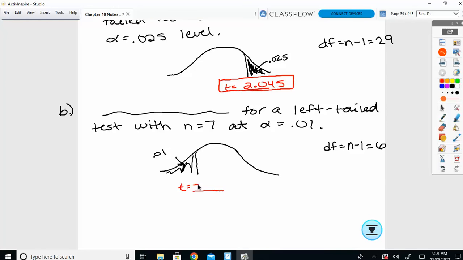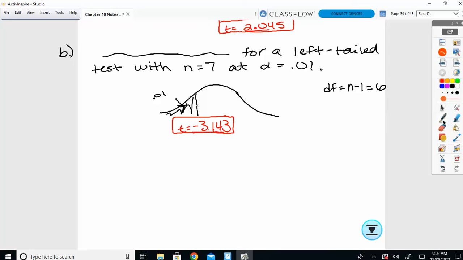So we go to 6 degrees of freedom over to the 0.01 level, and the t is 3.143. So this would be a negative 3.143. Downsides of this, obviously, we don't have every possible degree of freedom and every possible probability, but we have some available to us.